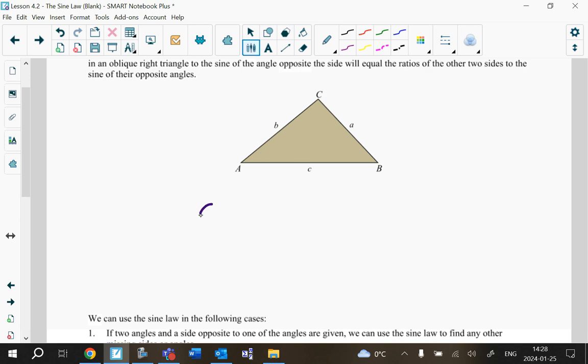The length of little a over the sine of its angle opposite, so this over sine A, will equal the same value as the length of little b over the sine of its angle opposite, which will equal the length of little c over the sine of its angle opposite. They all equal each other.